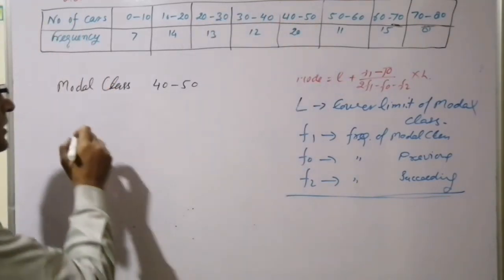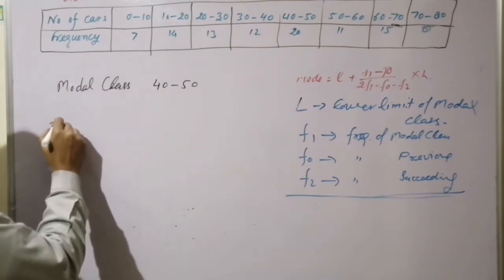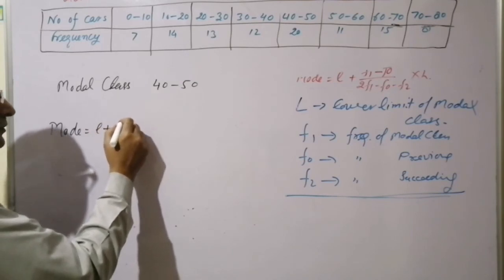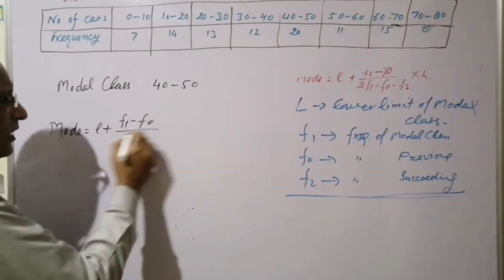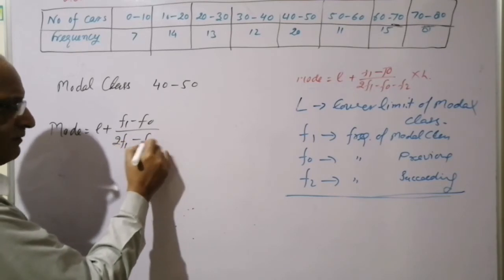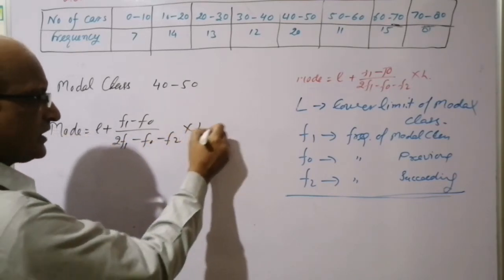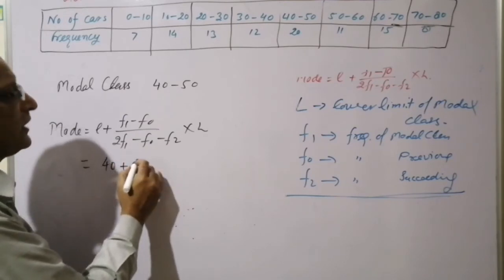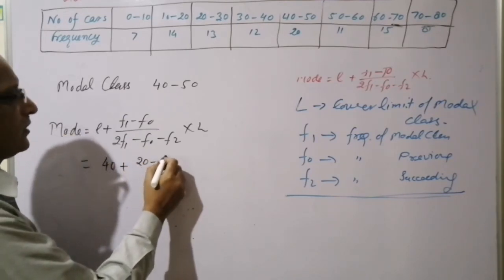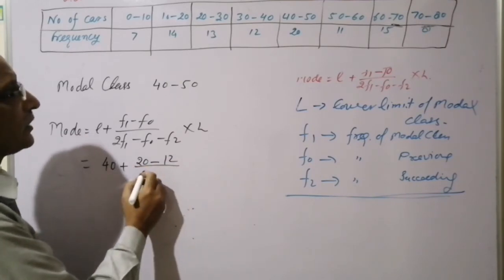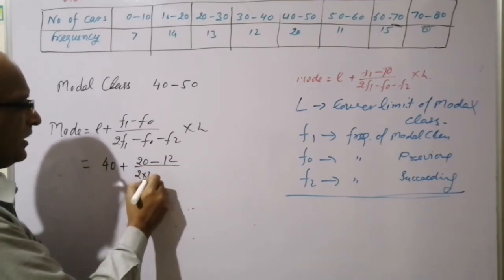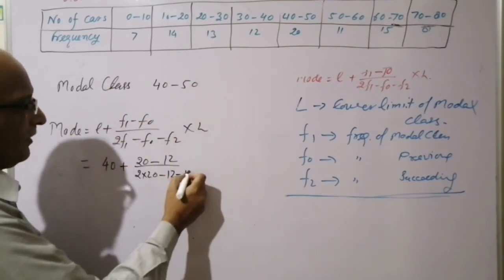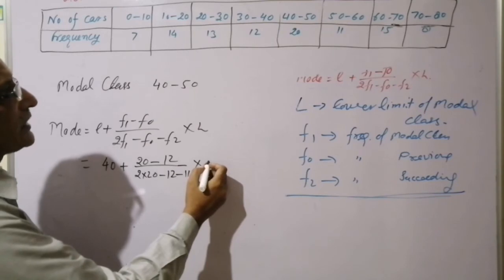So we can apply now the formula already written there. The mode is equal to L plus F1 minus F0 upon 2 times F1 minus F0 minus F2, into H. Put the values. So 40 plus F1 is 20 minus 12 upon 2 times 20 minus 12 minus F2, which is 11, into H, which is 10.